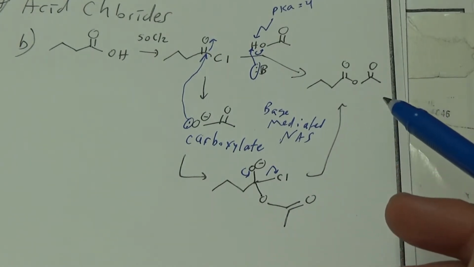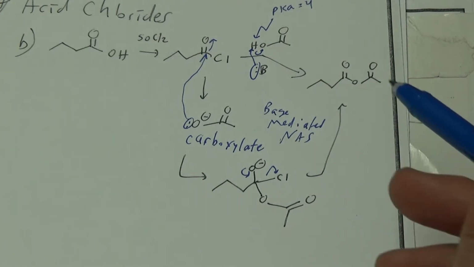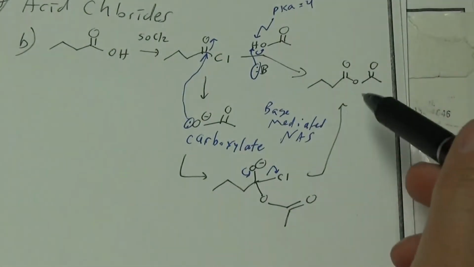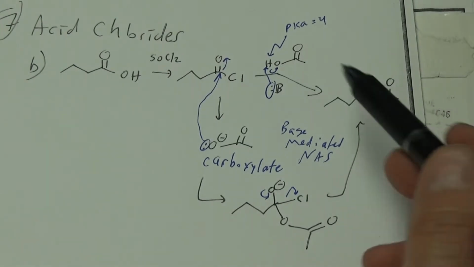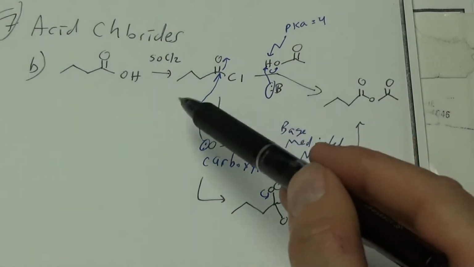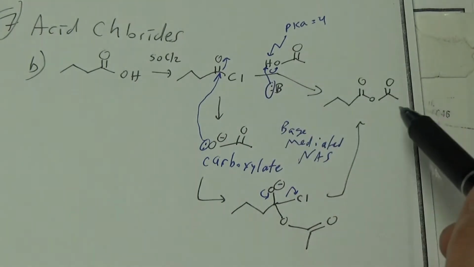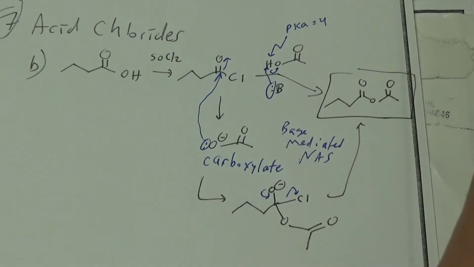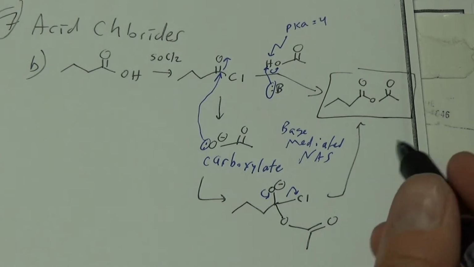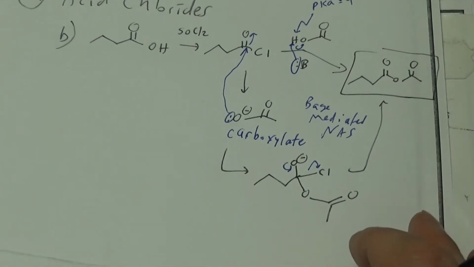Now the book mentions another way to make anhydrides, because this was a way to make an anhydride, right? We made it from basically using an acid chloride and a carboxylic acid. But the book mentions another way to make anhydrides. I'll just show it. I'm not going to deal with the mechanism because it's not that interesting.